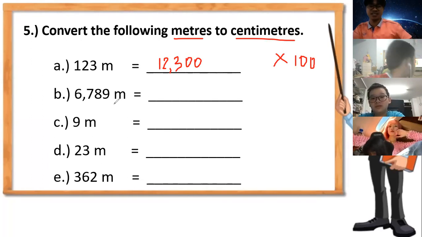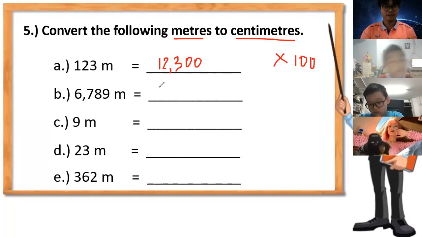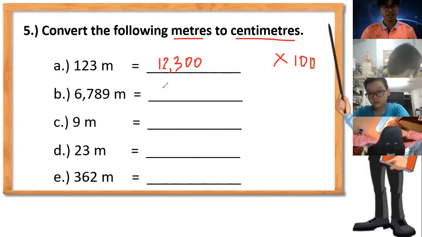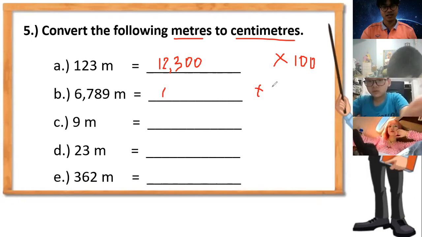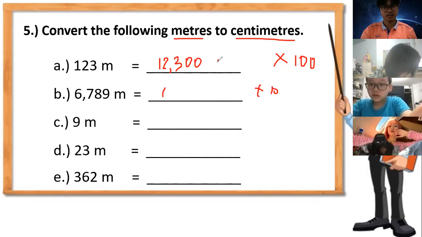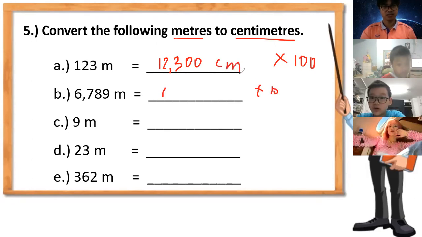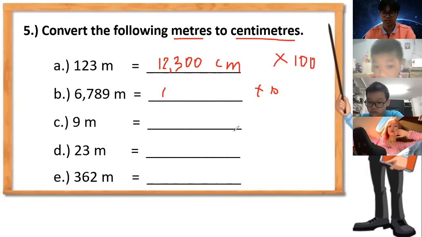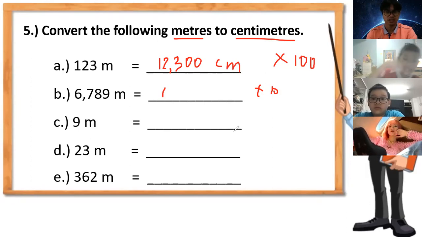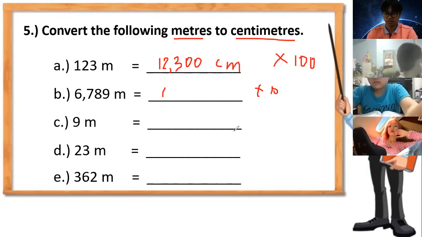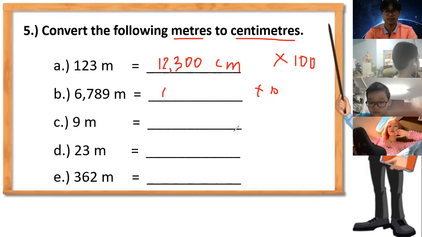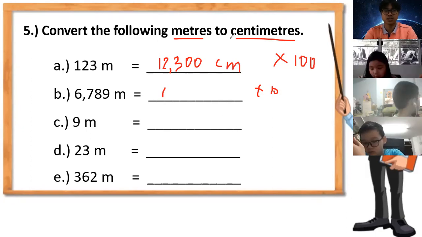Letter B, what's the answer? Times 100. Teacher, in the example it is times 1,000? No, this is meters to centimeters. Times 100 only.